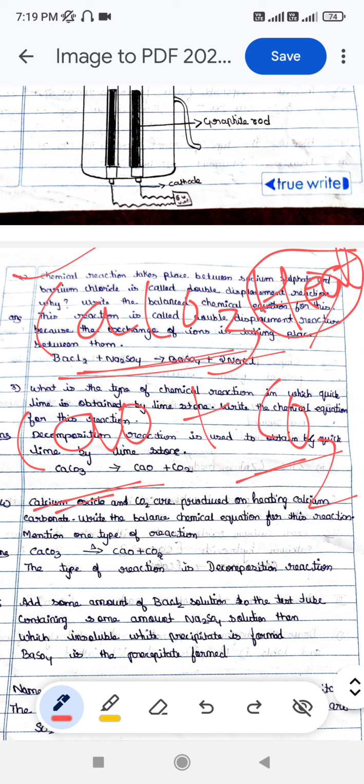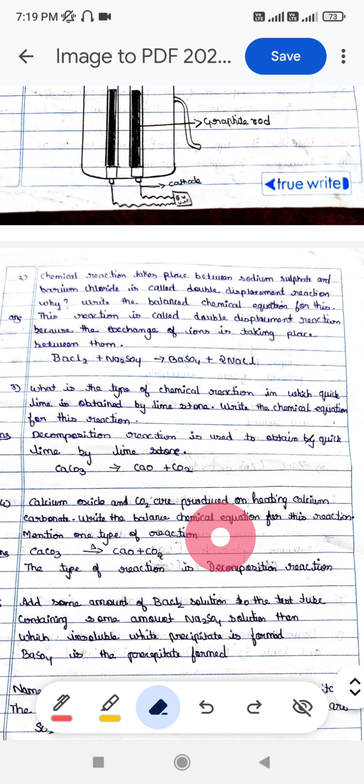Thermal decomposition means the decomposition reaction is carried out by heating. This equation is an example of these reactions.